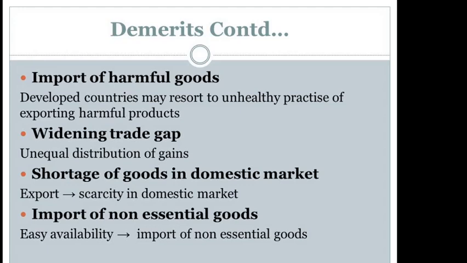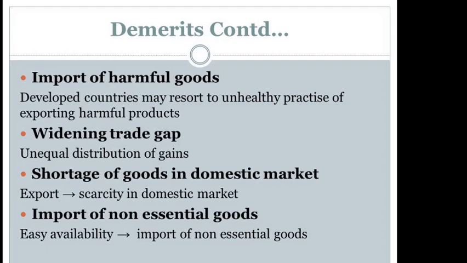The last point is import of non-essential goods. Another adverse impact of international trade is that it can affect the consumption habits of a country. People are tempted to import non-essential commodities because of their easy availability.